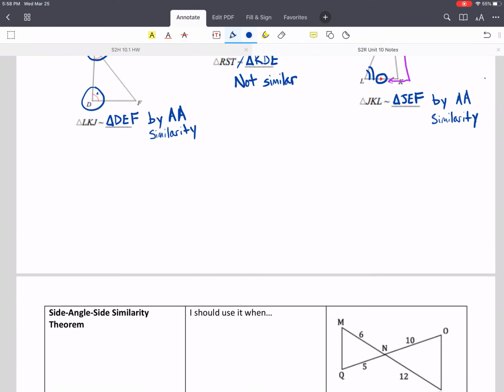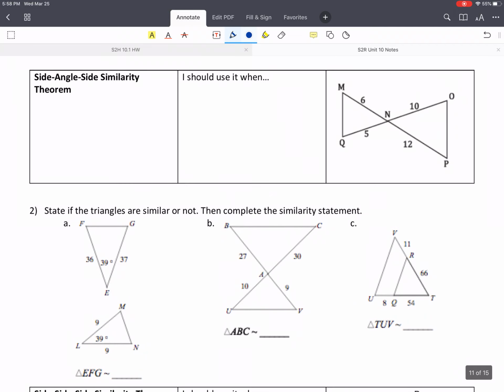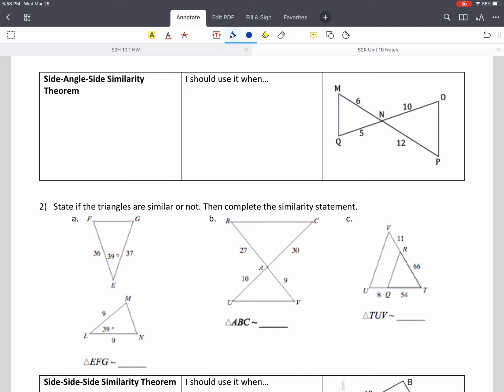Moving right along, we got another one. We got side-angle-side similarity. Okay, here's what we got.